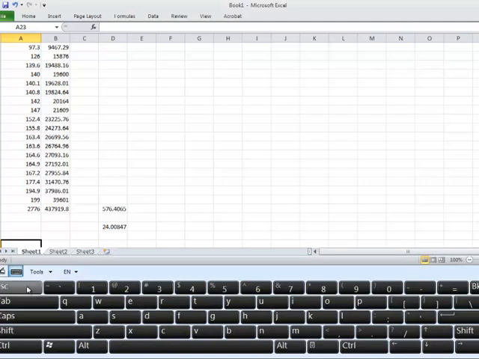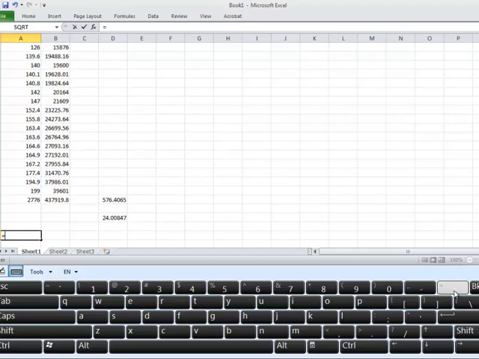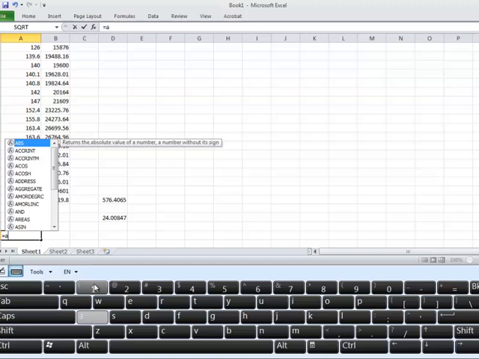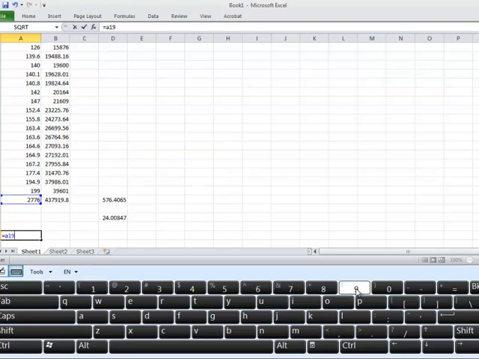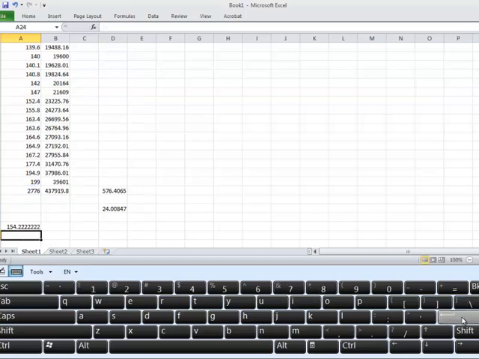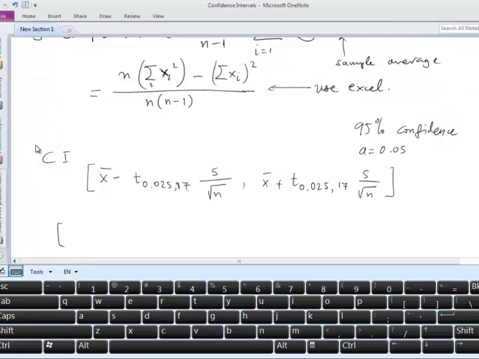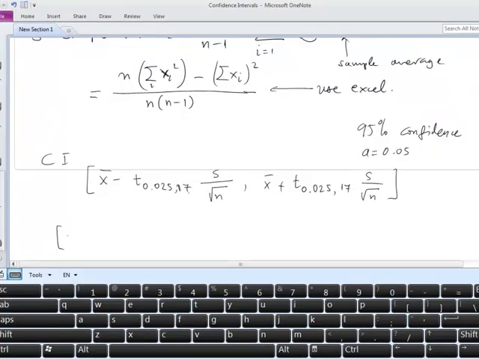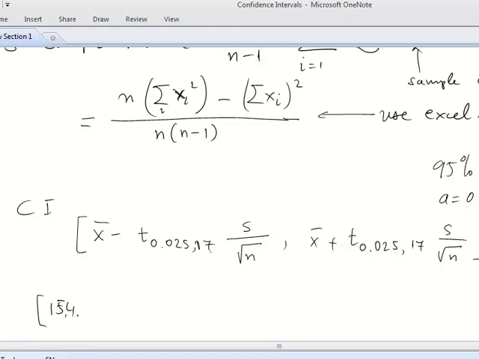We need the keyboard again: equals A19 divided by 18. Boom. 154.2. That's the sample average. So I'm going back to my notes: 154.2.